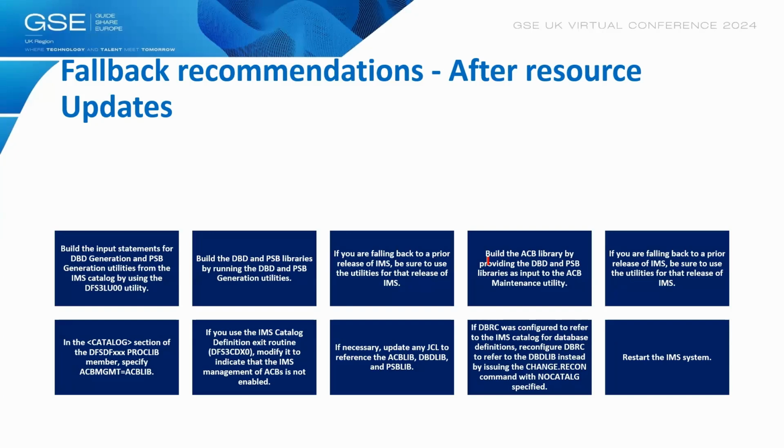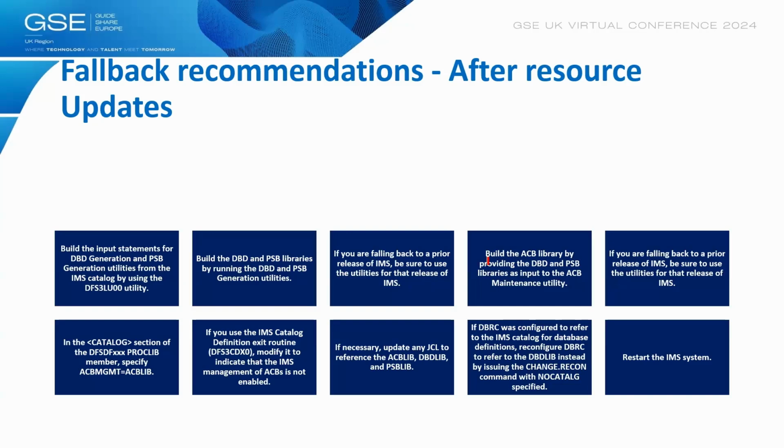Okay, sorry, I was trying to find the unmute button. Yeah, I think we talked about defining the catalog to the DBRC. There are two ways: you can define it with DBRC or you can define it without DBRC. We talked about that step.